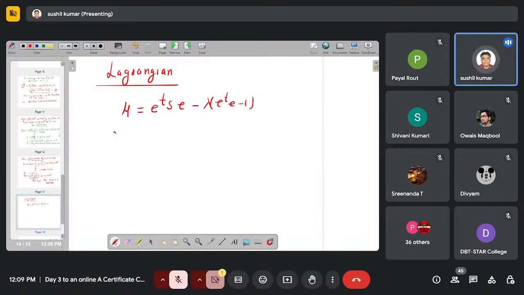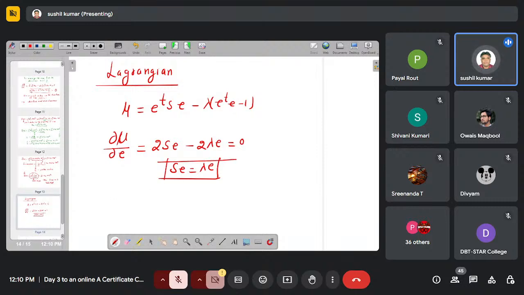If you take the derivative of this equation with respect to e, because e transpose e is like e square, as I already told you, it will give you 2 S e. Here also e transpose e will give you e square, so it will give you 2 lambda e, and this term will be 0. And it equals 0. So what it will give you is S e equals lambda e.